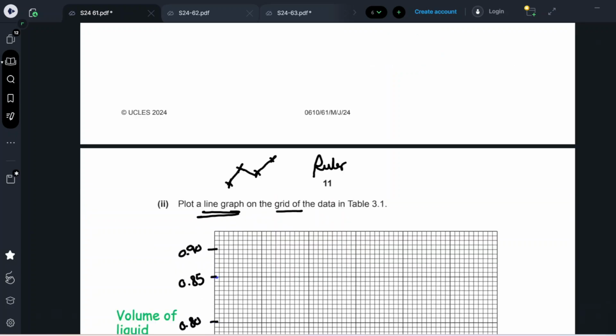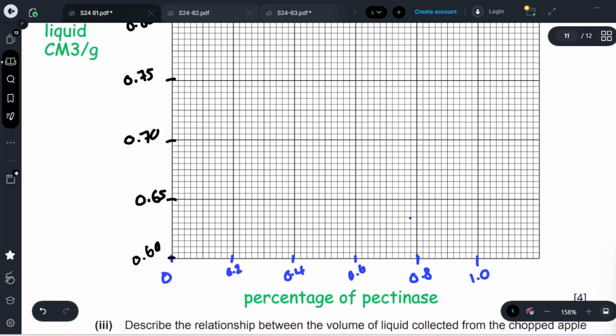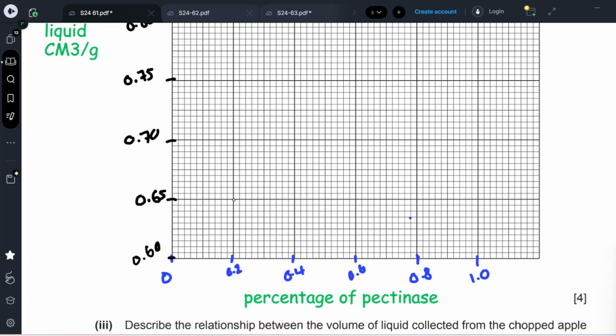At 0.2, it was 0.69. Each two boxes is 0.01.